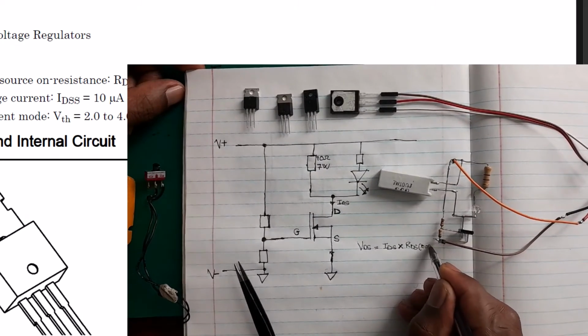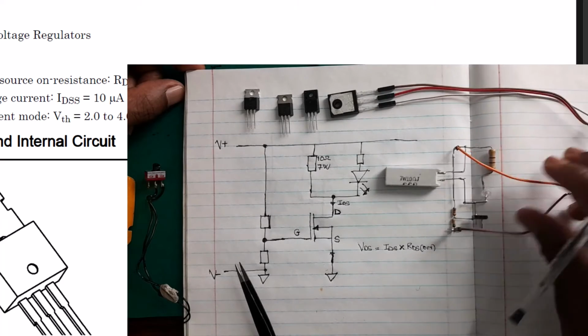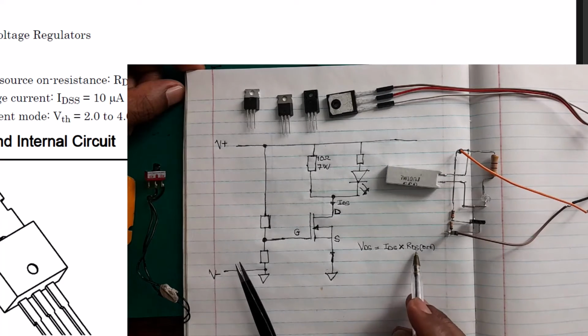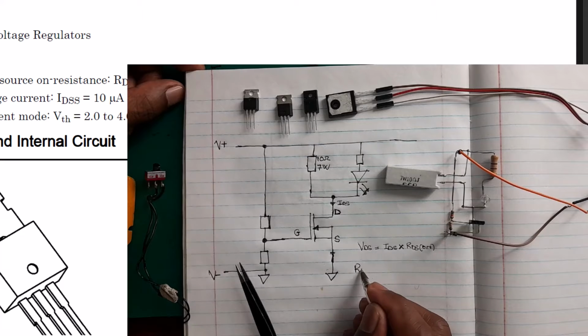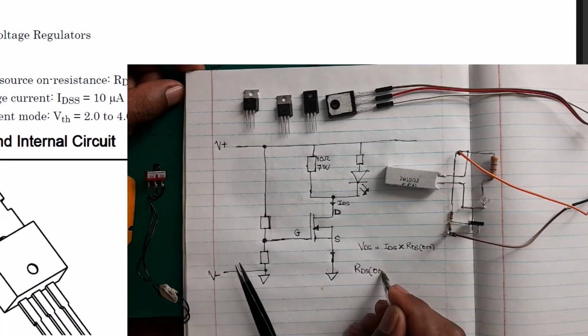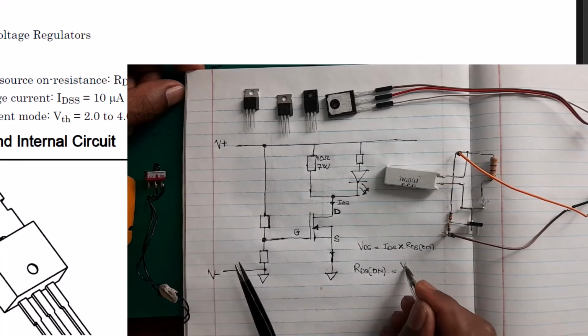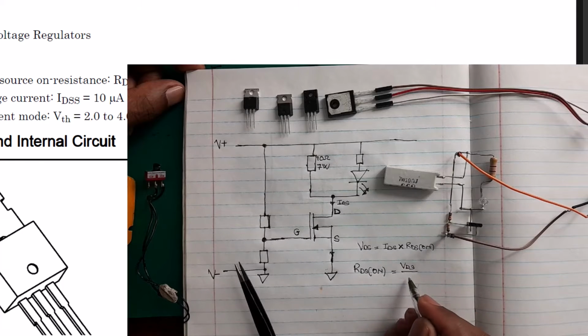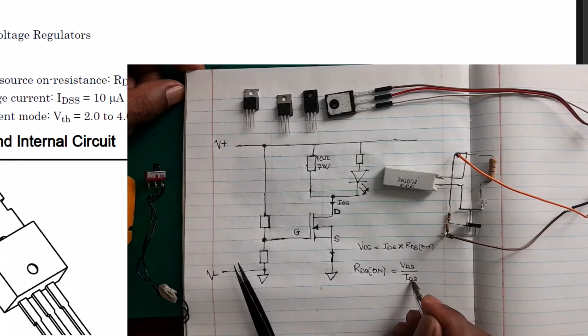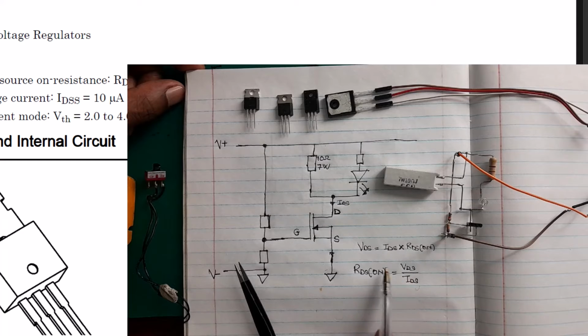So that's our resistance that we are after. Now to get RDS on, we basically have to divide VDS by IDS. That's going to give us a value of RDS on.